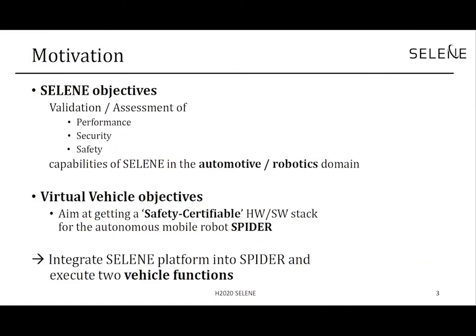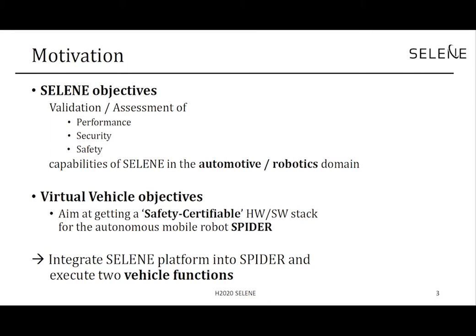Let us start with some motivational aspects. As Carlos already said, the objective within the project is, of course, the validation of this platform in the automotive domain. We want to assess the performance, the security, and the safety capabilities of the SELENE platform and its components. But from our perspective, as Virtual Vehicle, we aim at getting a safety certifiable hardware software stack for our robot Spider.